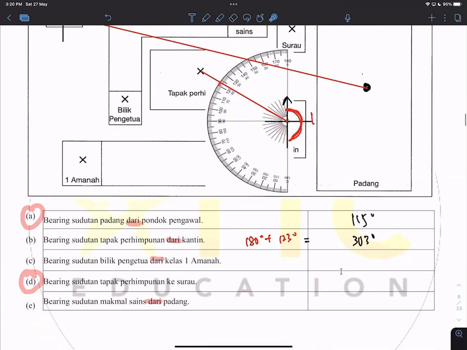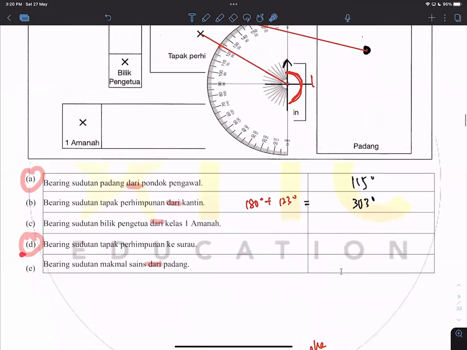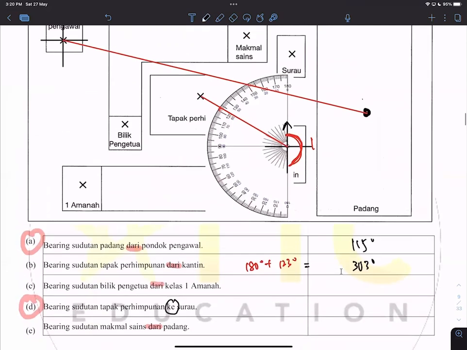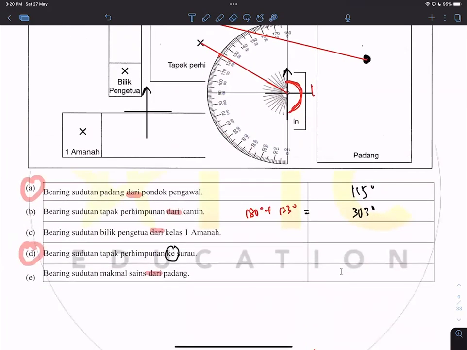Okay, now I do one more. So if this is the keyword, not dari anymore, this is ke. So for ke, we are trying to draw the arah mata angin on tapak perhimpunan, no longer behind. So remember, for dari we draw behind, pondok pengawal and then canteen.